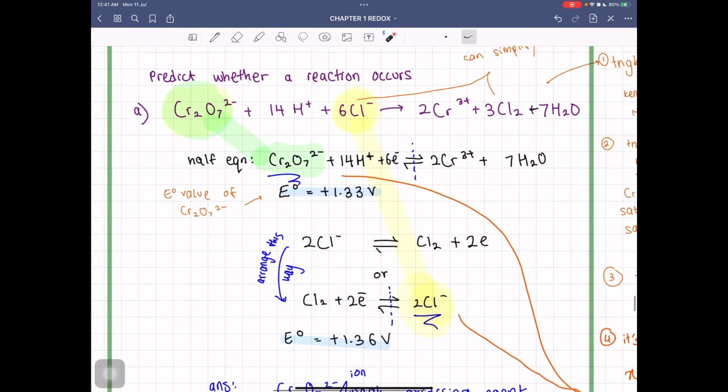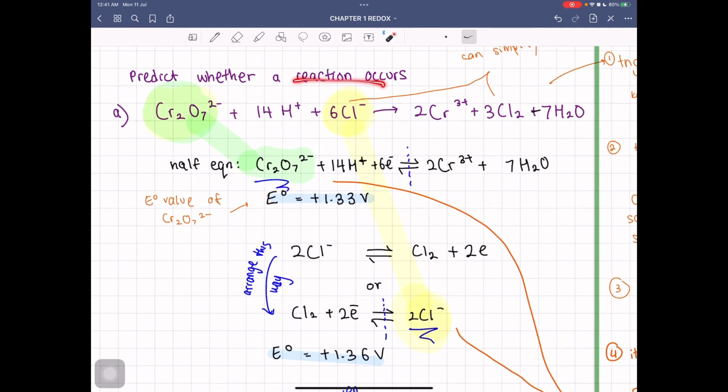To predict whether a reaction occurs, there must be one strong oxidizing agent and one strong reducing agent. So right now, the oxidizing agent is here. It must be more positive compared to the other half equation, right? So we look here. Is it more positive? No. So there's no strong oxidizing agent.